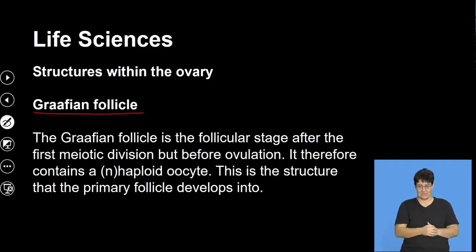Let's look at the Graafian follicle, as I've mentioned. The Graafian follicle is the follicular stage at the end of the first meiotic division, but before ovulation can occur. It therefore contains what we call the haploid oocyte.